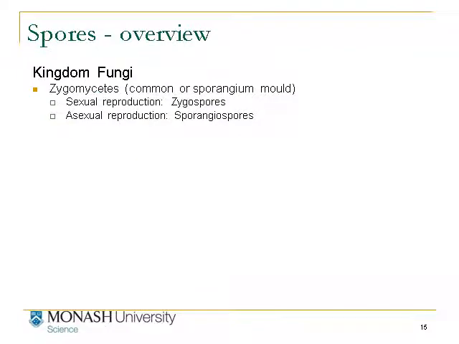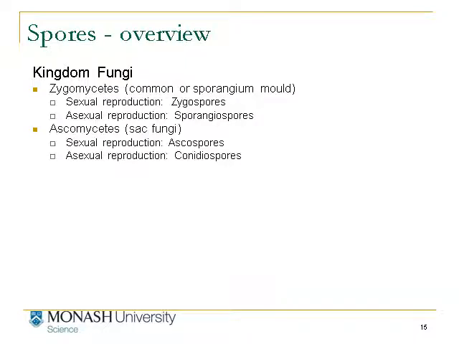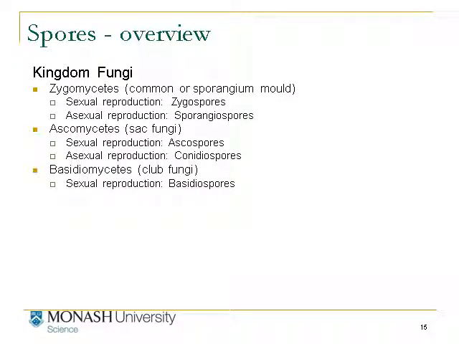We look at the overview of the different terms that are used for their reproductive structures. In zygomycetes, sexual reproduction produces zygospores, whereas asexual reproduction produces sporangiospores. As for ascomycetes, commonly known as the sac fungi, sexual reproduction produces ascospores, and asexual reproduction produces conidiospores.